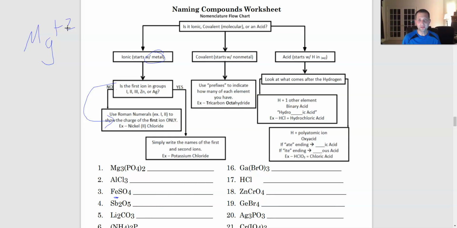It always was, it always will be, right? Same thing with aluminum. Aluminum always was and always will be a +3 charge, what we memorize it as. But for iron, we didn't memorize a specific charge, because if you look on your ion cheat sheet, iron could be a +2 or a +3. So if you just put iron and then your second ion is sulfate, there's not enough information there, okay?